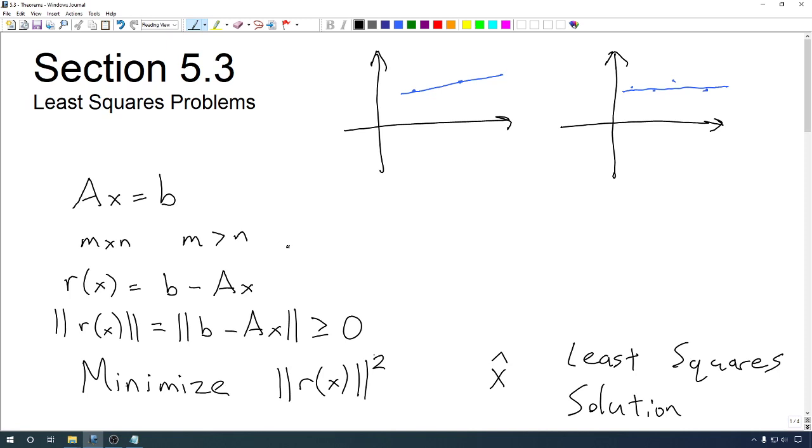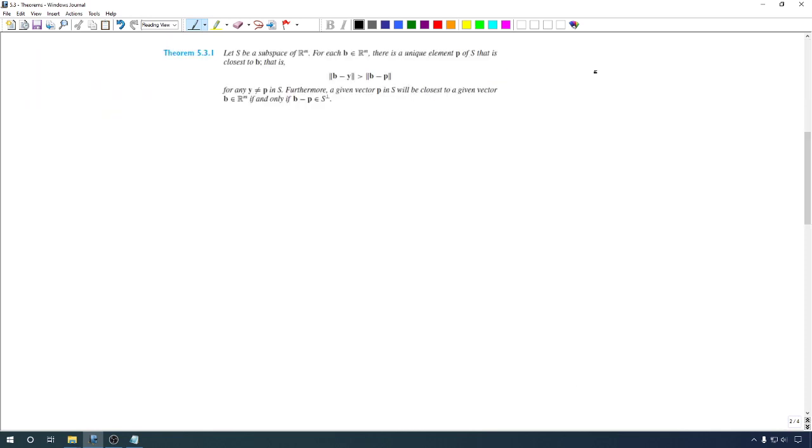That's what least squares means in this context. It's just a minimizer of this function.